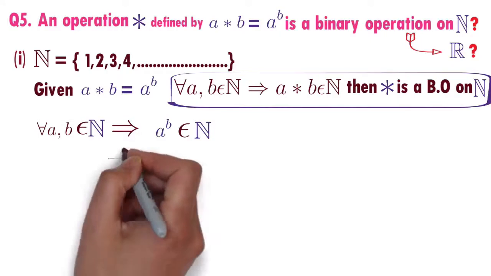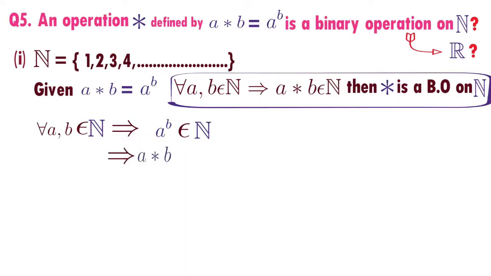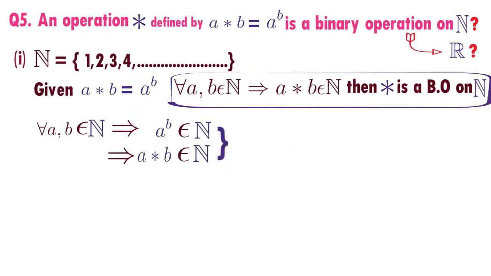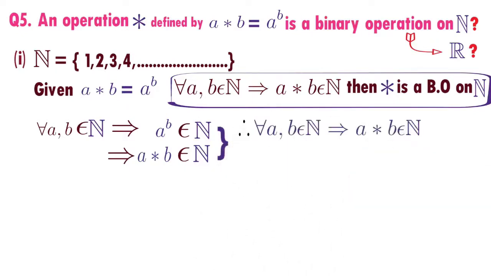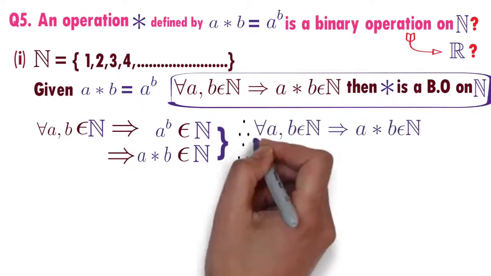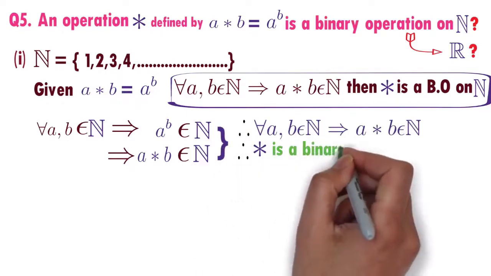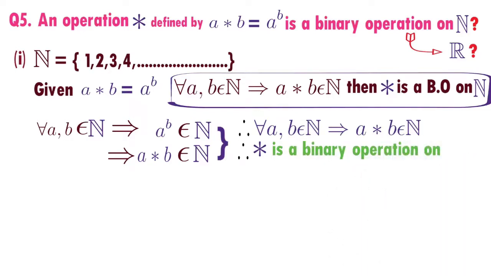A star b is defined as a power b. So a power b is nothing but a star b. A star b is a natural number. So what we have proved here, for every a comma b belongs to N implies a star b belongs to N. Therefore, star is a binary operation on set of natural numbers.